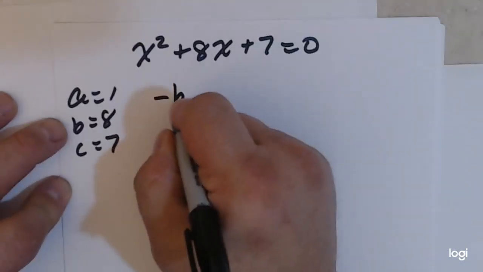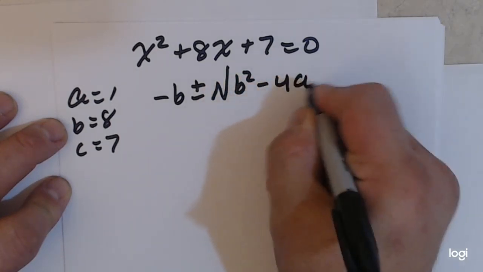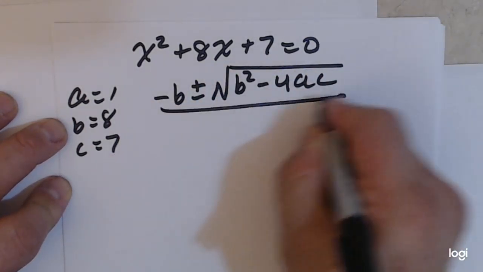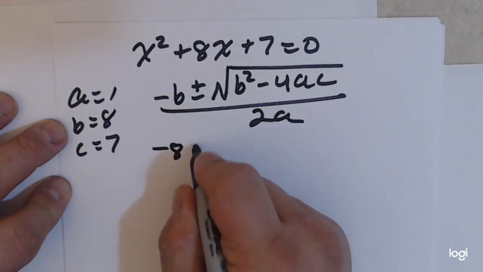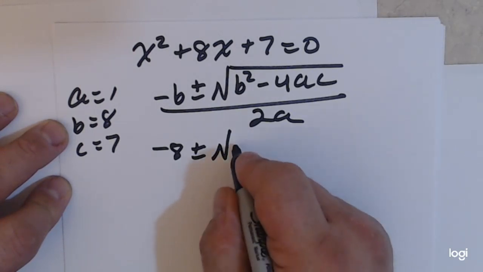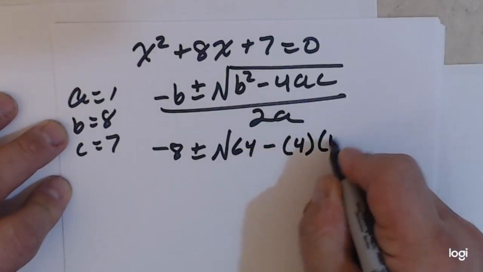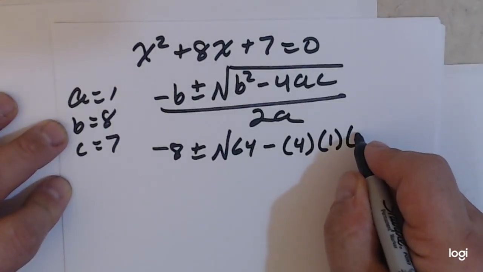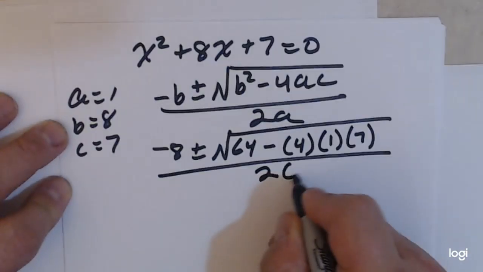We have negative b plus or minus the square root of b squared minus 4ac all over 2a. Negative b is negative 8 plus or minus the square root of, well, b squared is 8 squared, which is 64, minus 4 times 1 times 7 all over 2 times 1.